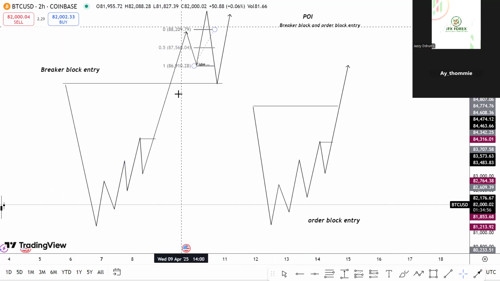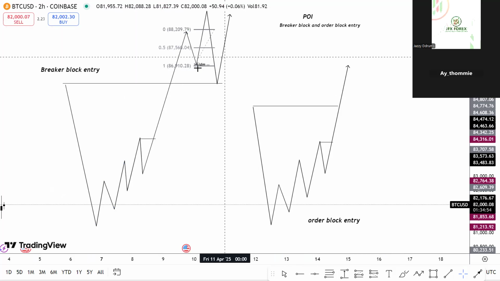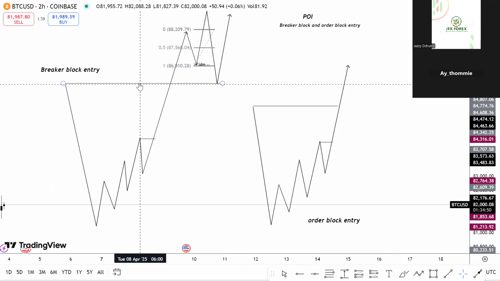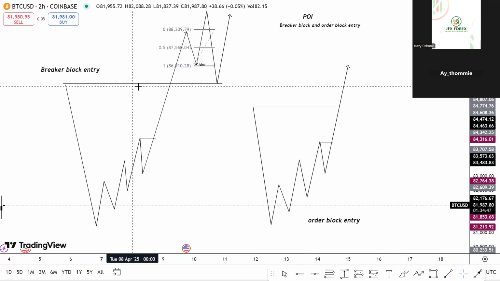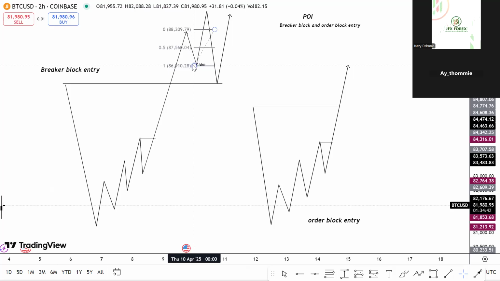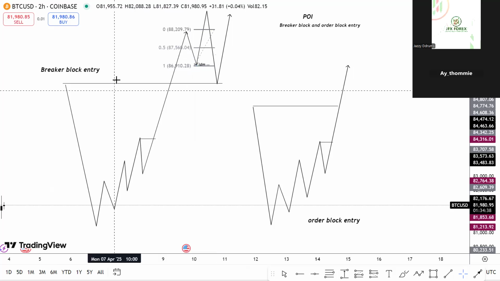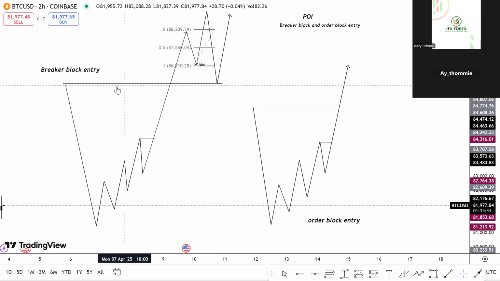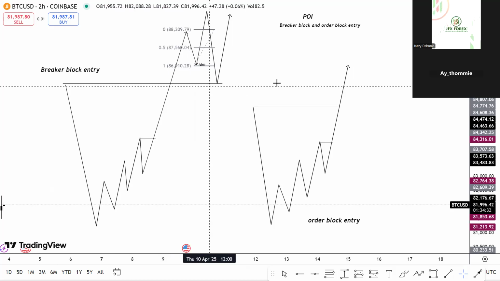So the reason why you'll be using breaker block here is because this inducement did not mitigate your major break of structure that happened here. Inducement, that means your first pullback, doesn't mitigate your major break of structure. That means you'll be using your major break of structure as your breaker block entry. That's where the market went.